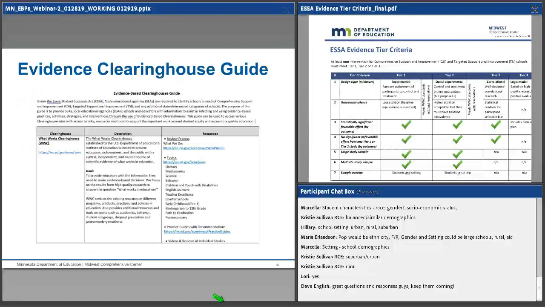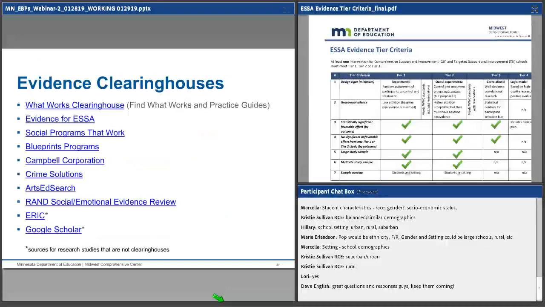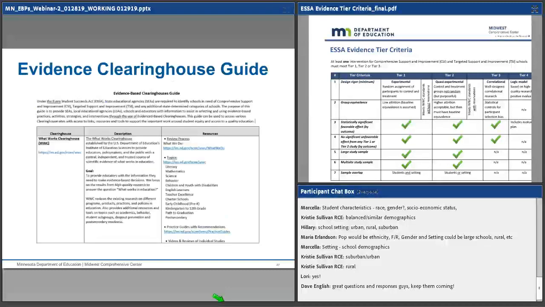I do want to mention here that we have created a guide to various online resources that the Minnesota team is going to share with you very soon. We're in the process of finalizing it, and they'll be sharing it out, and it's going to have a lot of different key information about each of these resources that are listed here as well as probably a couple more.